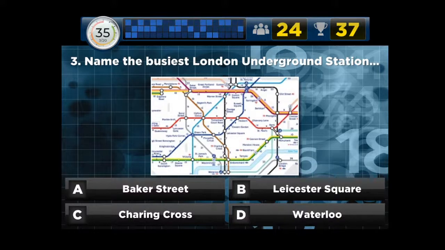The busiest London Underground station. And that's Baker Street, Leicester Square, Charing Cross, or Waterloo. Time's nearly gone, so quickly get your answer in.